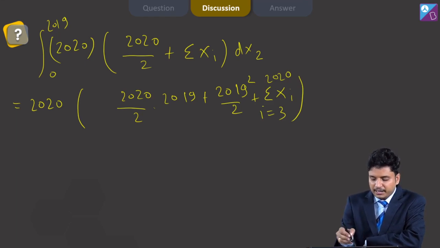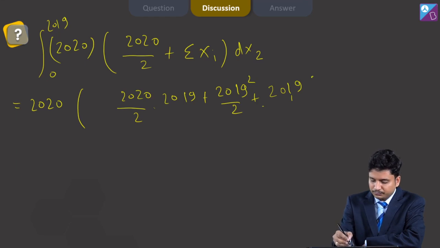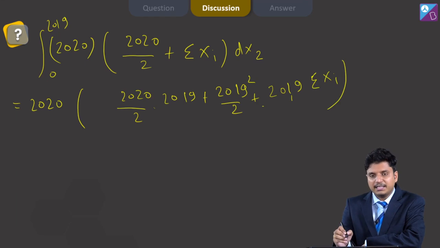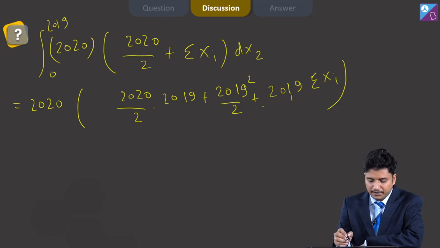Now after integration, all these terms are constant. So after integrating this, we can also put it as 2019 times the summation over xi, where i varies from 3 to 2020.